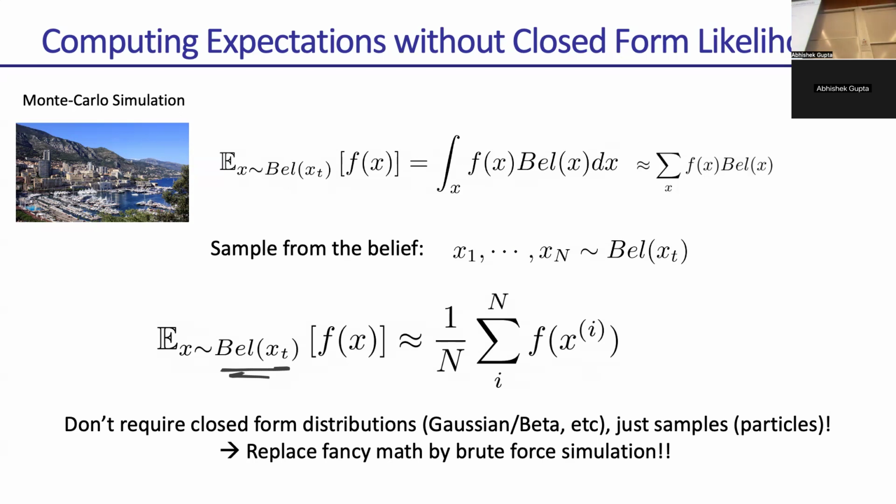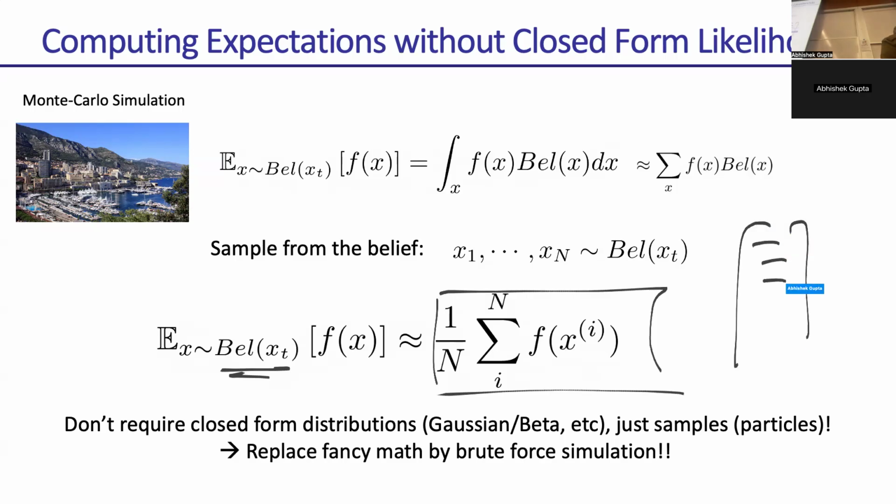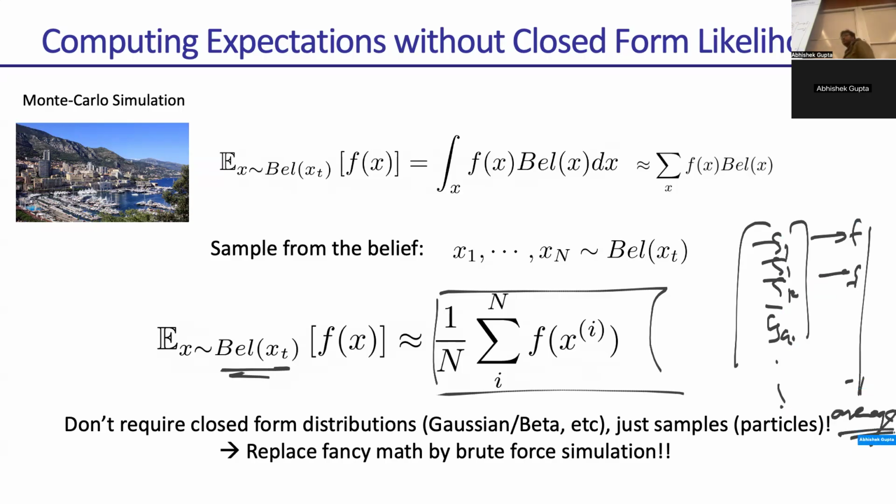If I have more samples, that means I have higher probability. Fewer samples, that means I have lower probability. And so the idea here is that if I ever want to compute the average, I just take my list of particles, s1, s2, s50, s40, whatever, and then I evaluate f at each of them, and then I average. That's it, right? And so particles let you compute expectation really easily.